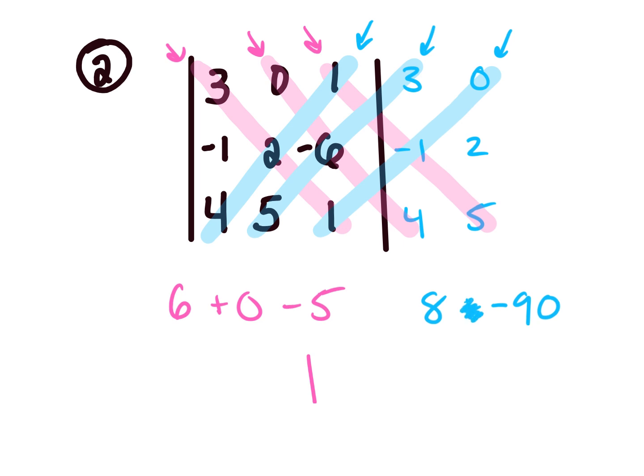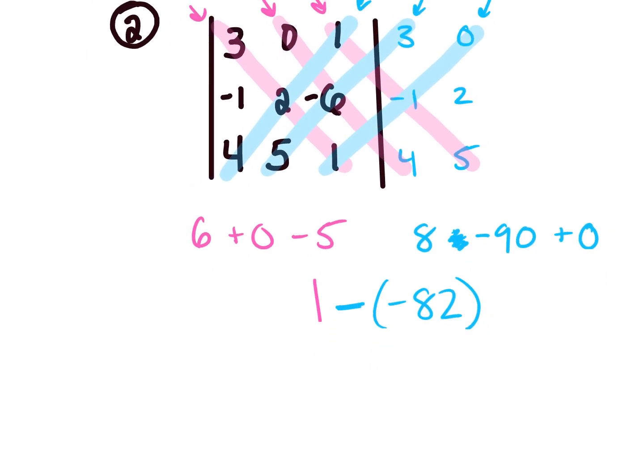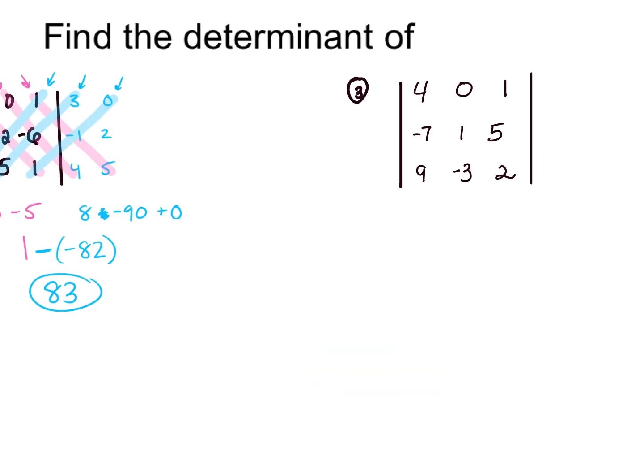And then 1 times negative 1 times 0. 0. So majors minus minors. Minor would be 8 minus 90, which is negative 82. 1 minus negative 82. 83, bro. 83.